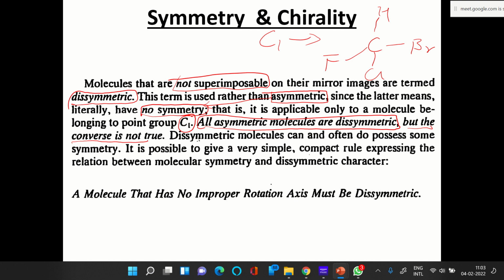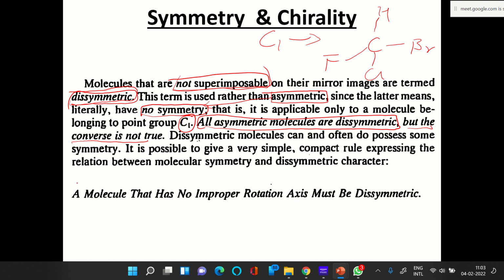The requirement is that you need to be dissymmetric, non-superimposable over the mirror image. Asymmetric and dissymmetric are the terms that you need to learn. All asymmetric molecules are dissymmetric, but all dissymmetric molecules are not asymmetric. That is the way of expression.